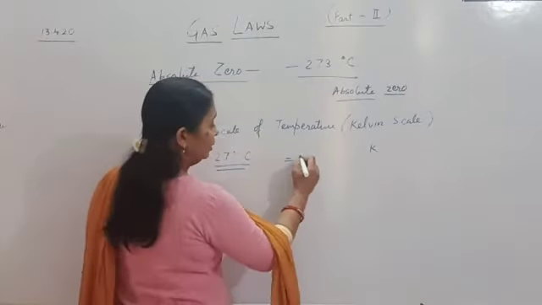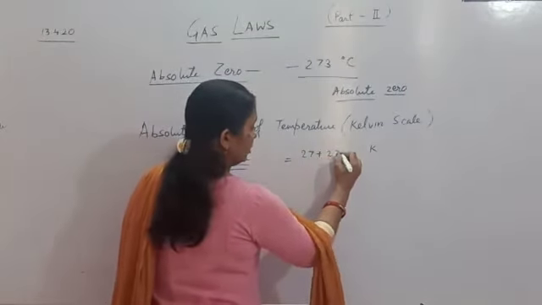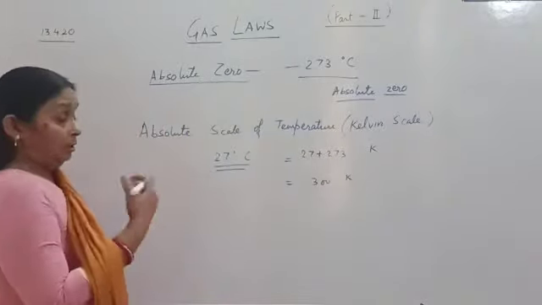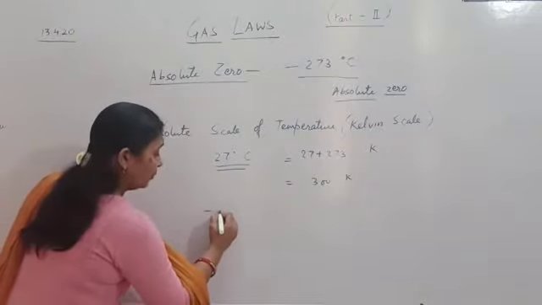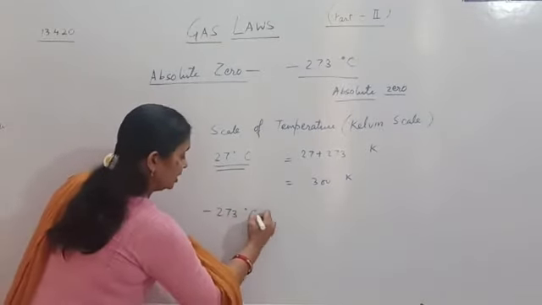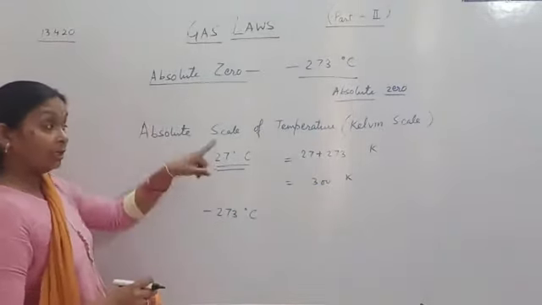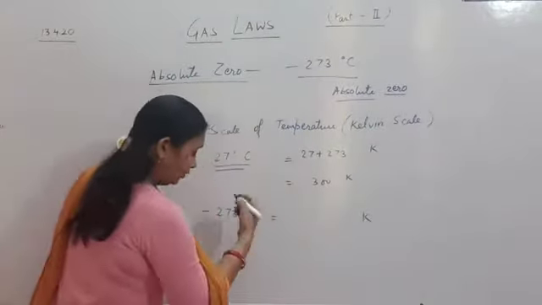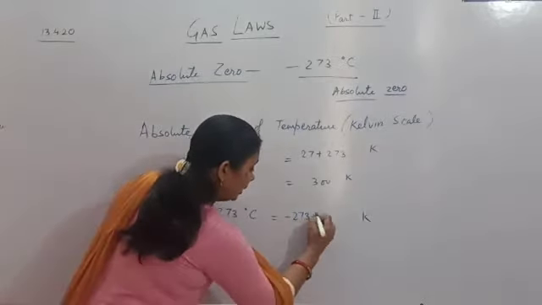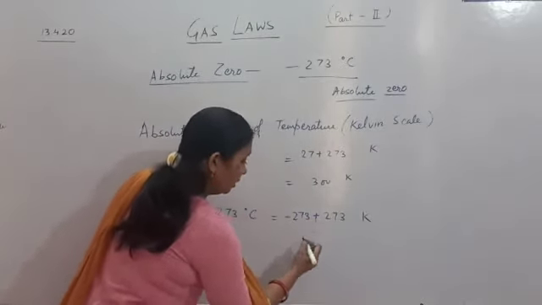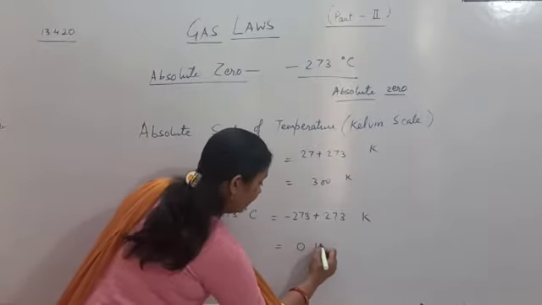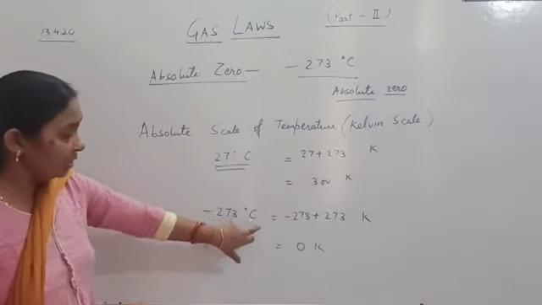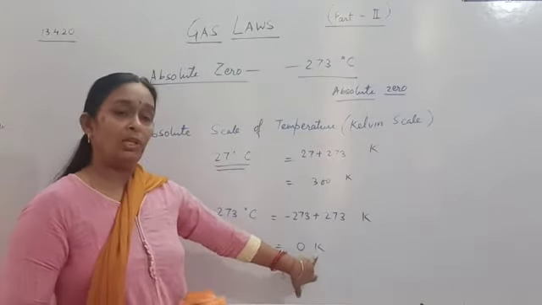I'll simply add 27 plus 273 and it will come to 300 Kelvin. One more thing, suppose we have a temperature of minus 273 degrees Celsius and you want to convert it into Kelvin. So what will you do? Minus 273 plus 273 will become 0 Kelvin. So minus 273 degrees centigrade is 0 Kelvin on the Kelvin scale.